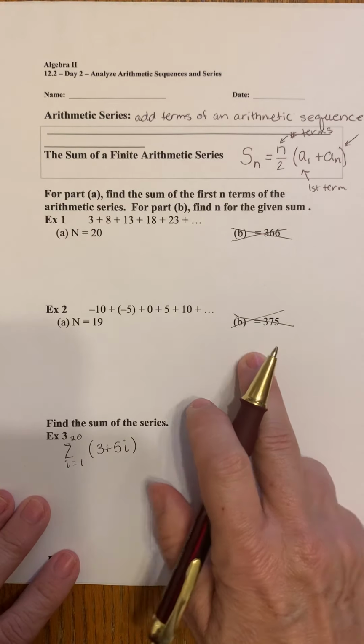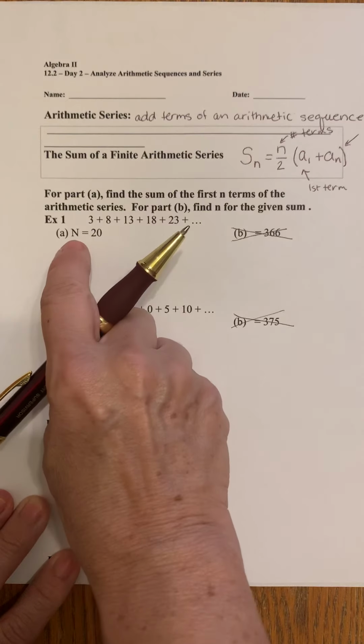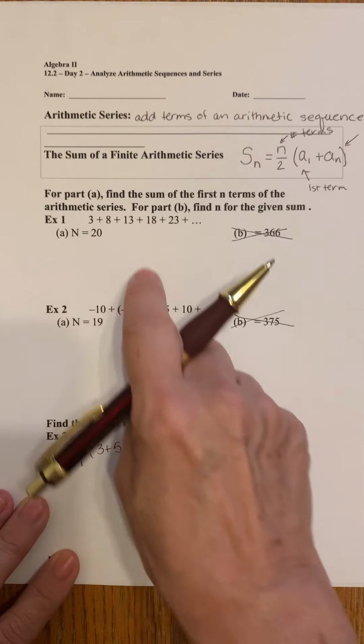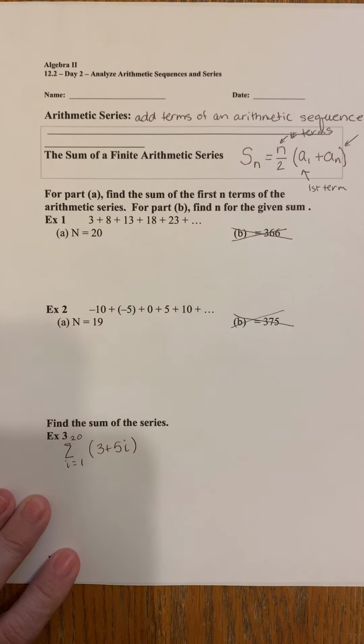All right, so we're going to look first, find the sum of the first n terms of the arithmetic series. So we want to find the first 20 terms. Now you could do this by adding 20 of these terms together, but it takes a very, very long time.